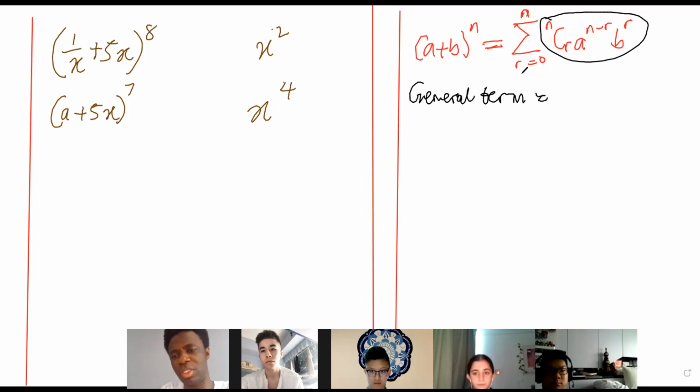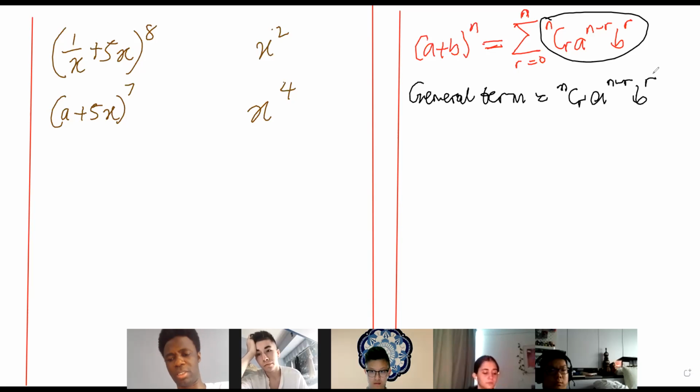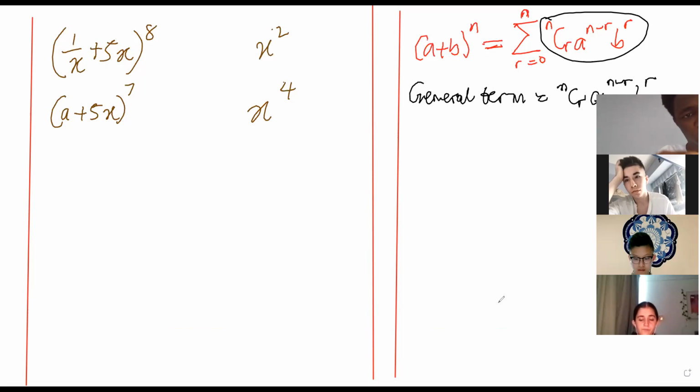So the general term is simply n combination r, a raised to power n minus r, b raised to power r. That's the general term. So the idea of general term is what we are using in this question. So from here, we need to figure out the a, the n, and the b.